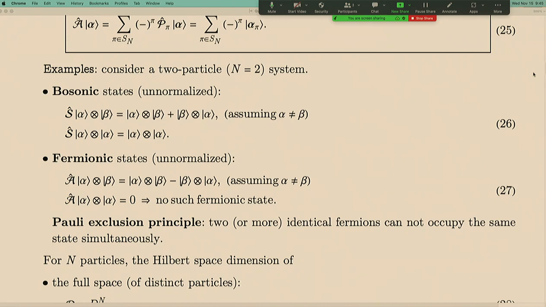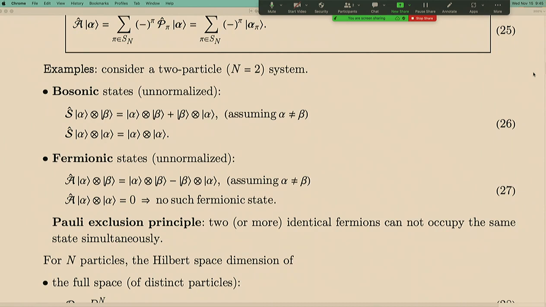This state itself is definitely not symmetric, because if I exchange alpha and beta, it becomes the beta-alpha state, which is not the same state as alpha-beta. But it's not a problem. We can symmetrize this state by applying the symmetrization operator. What it does is first enumerate all the possible permutations in the two-particle permutation group, right?